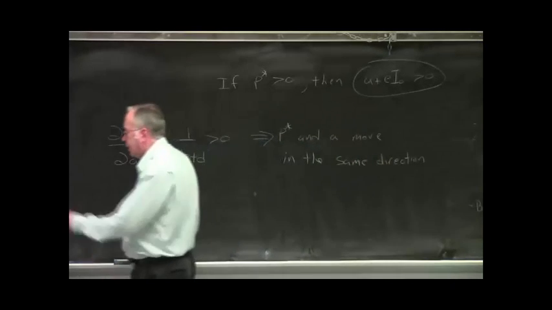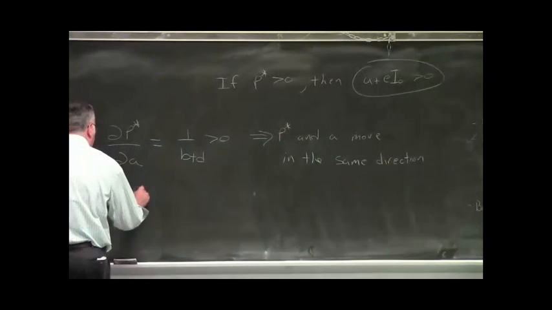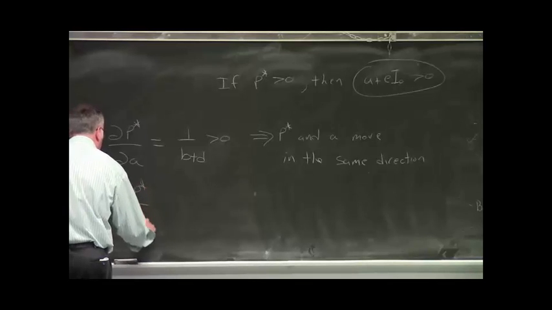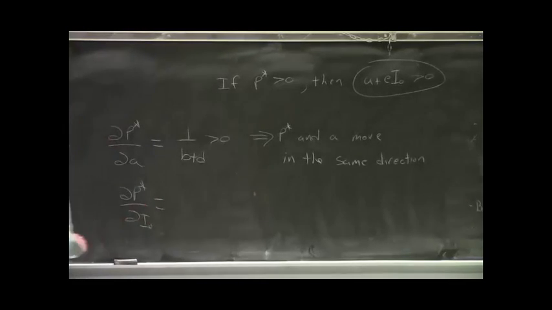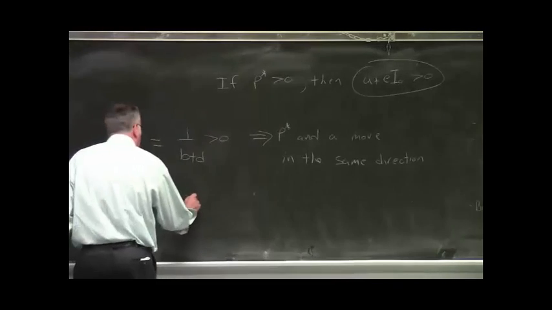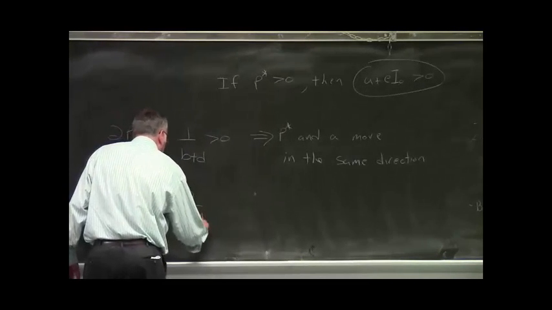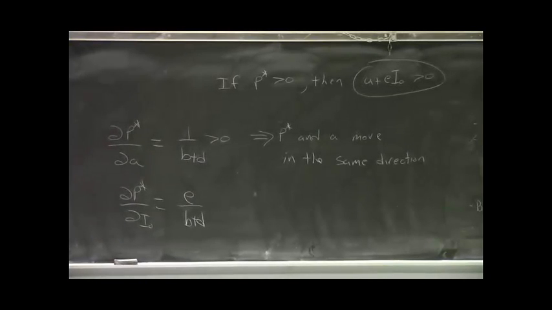All right, let's do partial P star, partial I. That's another easy one. What is that going to be? Consumer income is assumed to be exogenous in this model. So what is partial P star, partial I? Andrew? Yes, the coefficient on I is just E over B plus D. And given what we've assumed about E, what is the sign of this partial derivative?